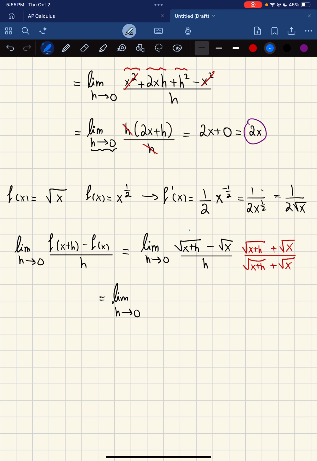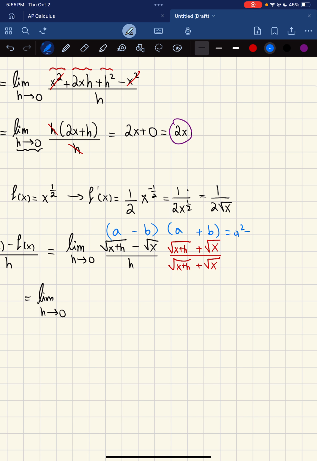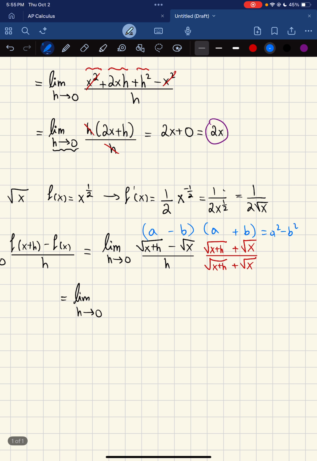This will be a minus b times a plus b, which is essentially equal to a squared minus b squared. So a squared is going to be x plus h without the square root, minus x, over h times the square root of x plus h plus the square root of x.